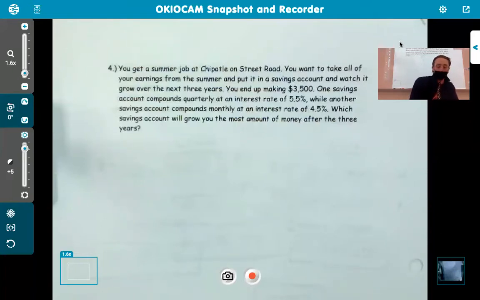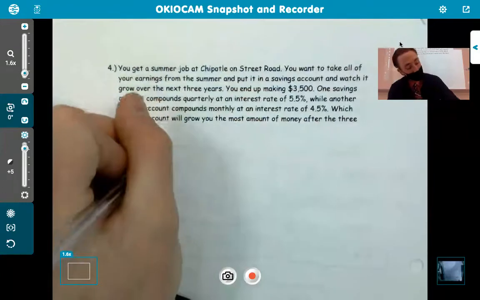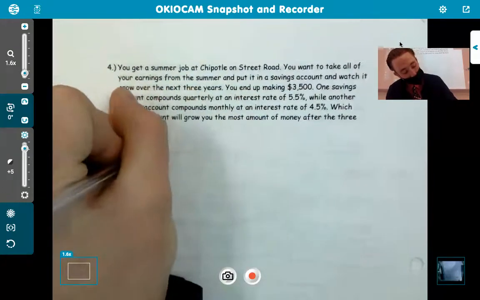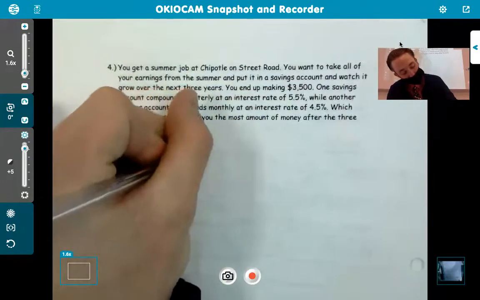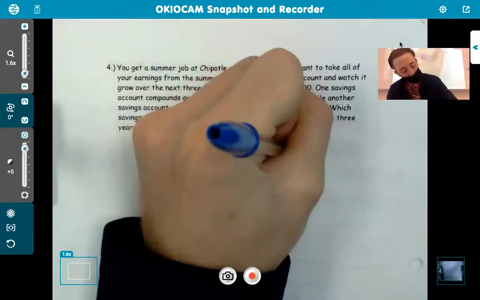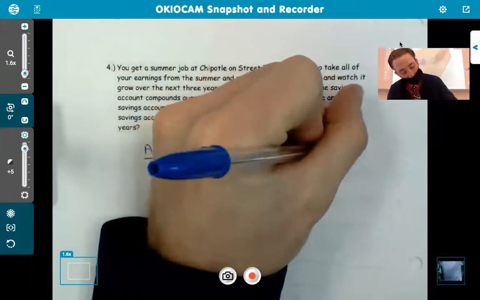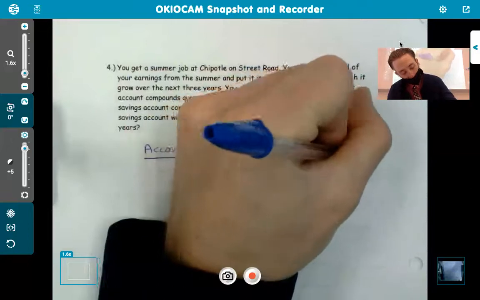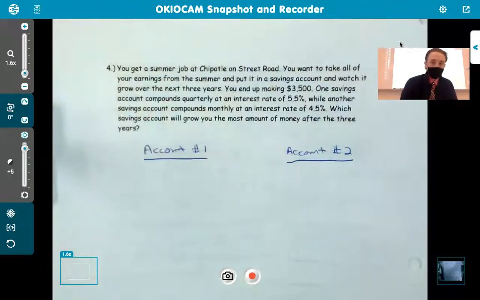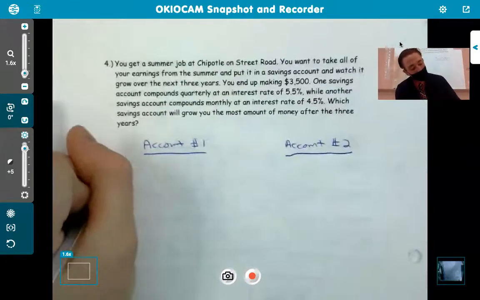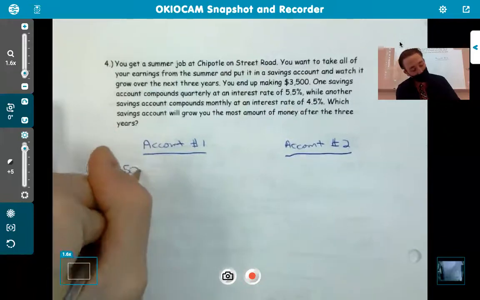All right. So very similar to the last example, what variable are we solving for? A, right? And maybe we'll call this just account 1 and account 2. And again, we're solving for A in both of these, so I'm plugging in the $3,500.